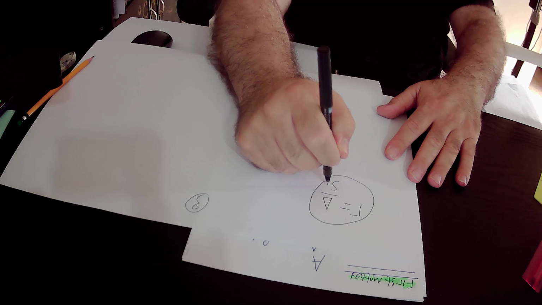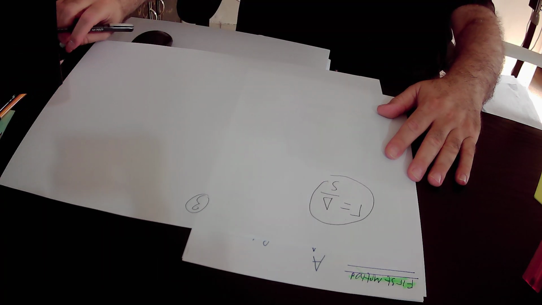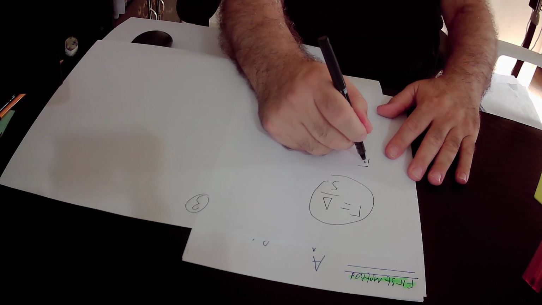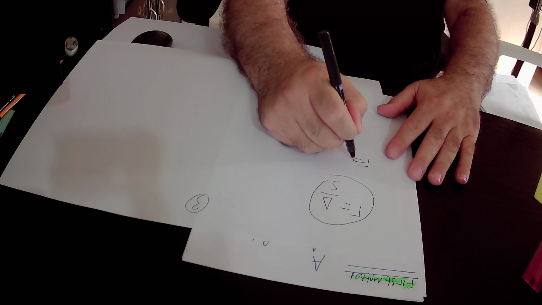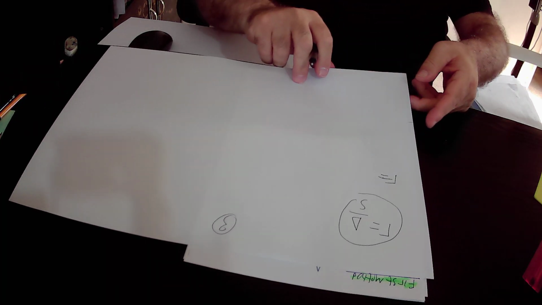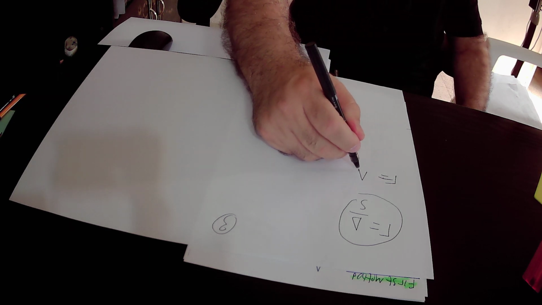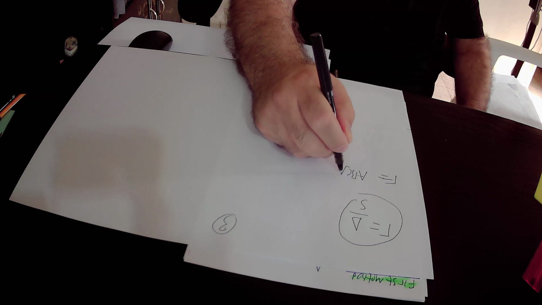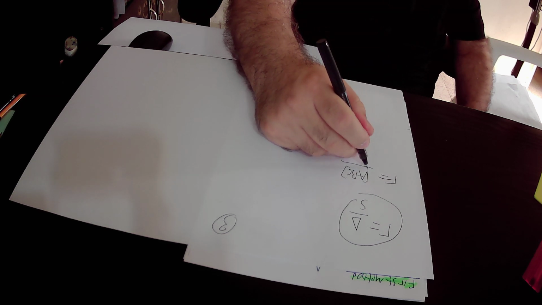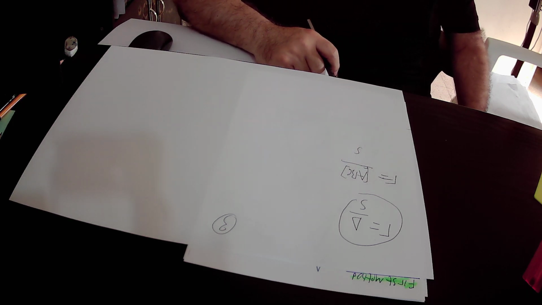And the semi-perimeter of any triangle is equal to the perimeter over 2. So the radius of our circle will be equal to the area of triangle ABC over the semi-perimeter of triangle ABC.